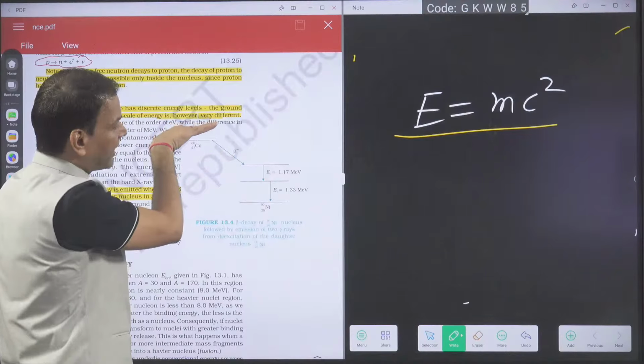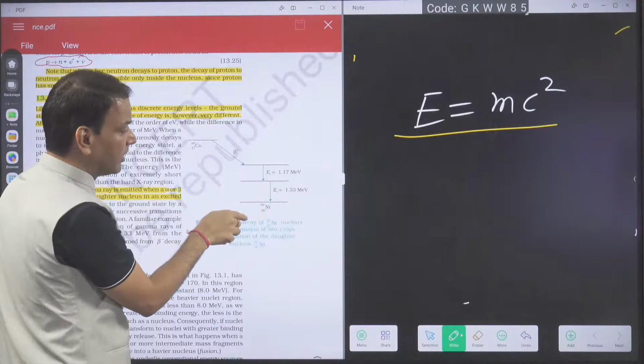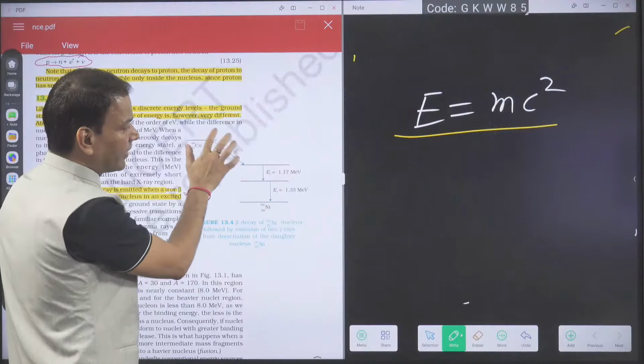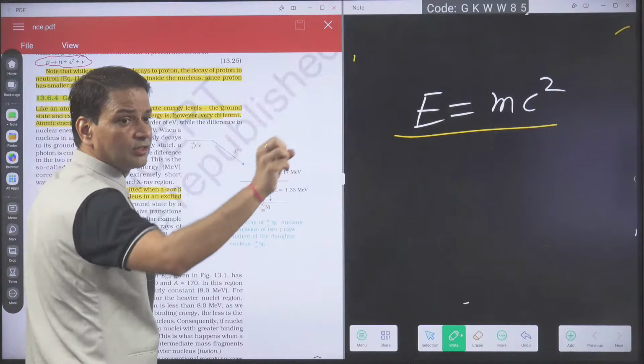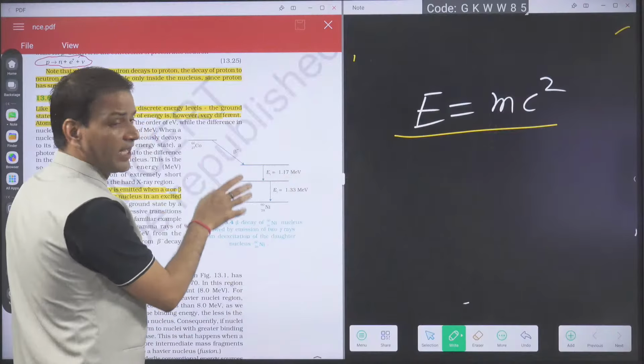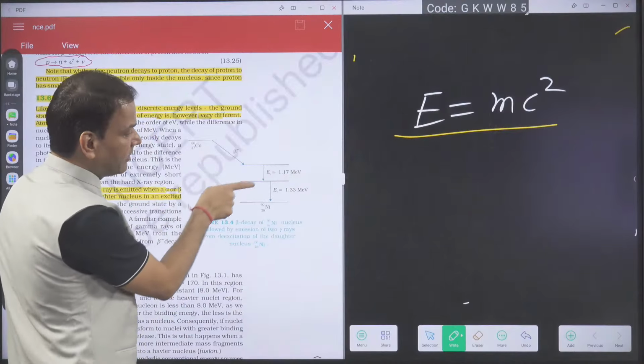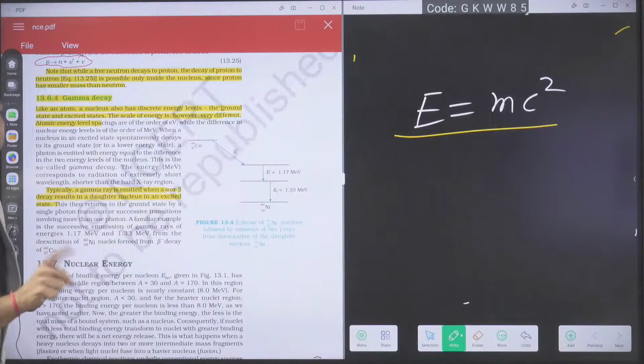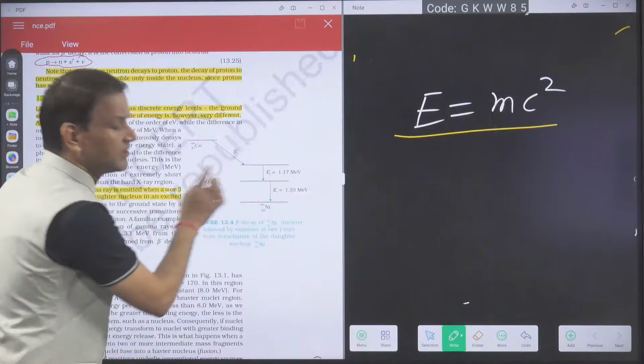So it comes from a higher energy level to a lower energy level, then converts into 28 nickel 60. Whatever the difference of energy between the energy levels, that is the energy of the gamma photon. If in this transition 2 photons are emitted, one photon will have energy 1.17 and the other 1.33. If only 1 photon is emitted, it is directly this plus this.